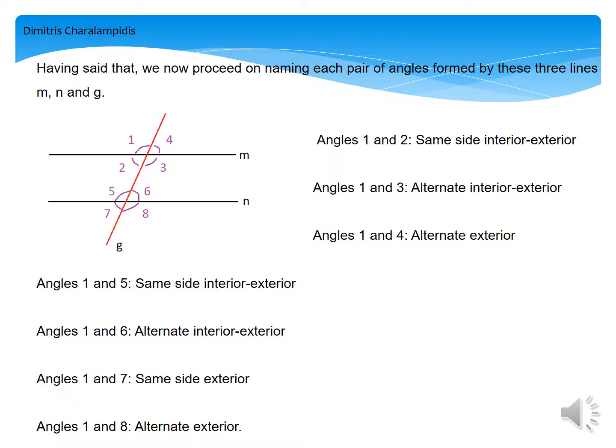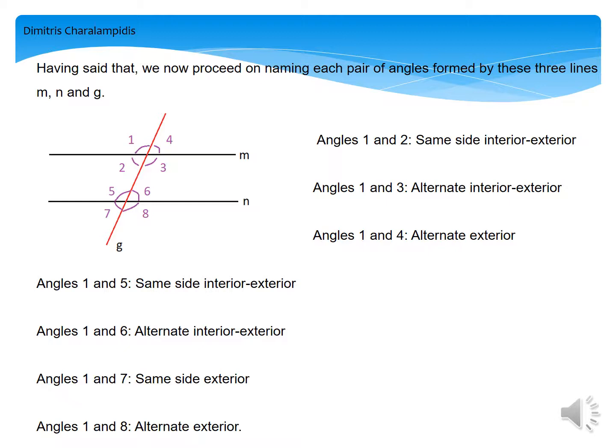Angles 1 and 7. They are same side angles because they are both placed on the same side regarding line G, and they are exterior since both of them are placed outside the parallel lines M and N. Angles 1 and 8.